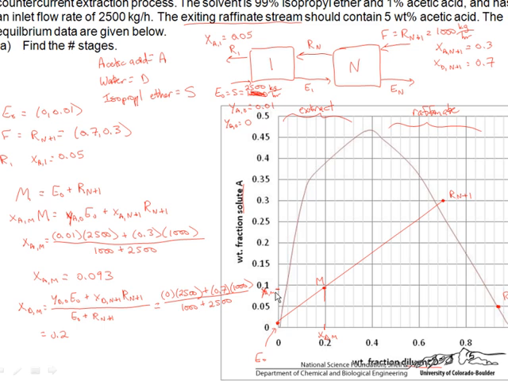Now we can use our mixing point to determine where our En is, because we know that the mixture also equals the stuff that comes out. So the mixture equals R1 plus En. That means that R1, M, and En will all be collinear.